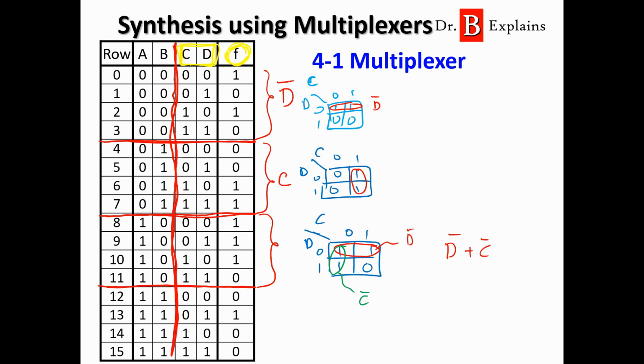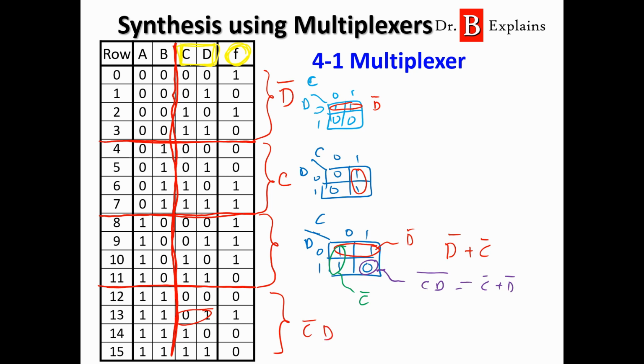Which is C, D, C not plus D not. What about this last one? The last one is just this min term, so we have a C not D.